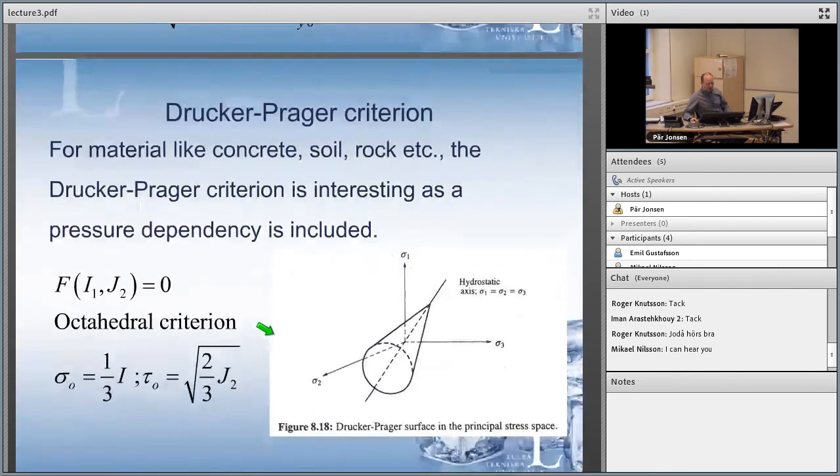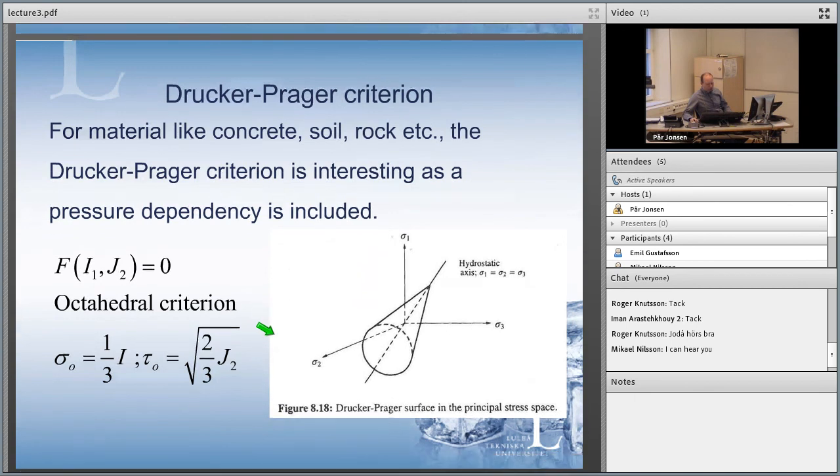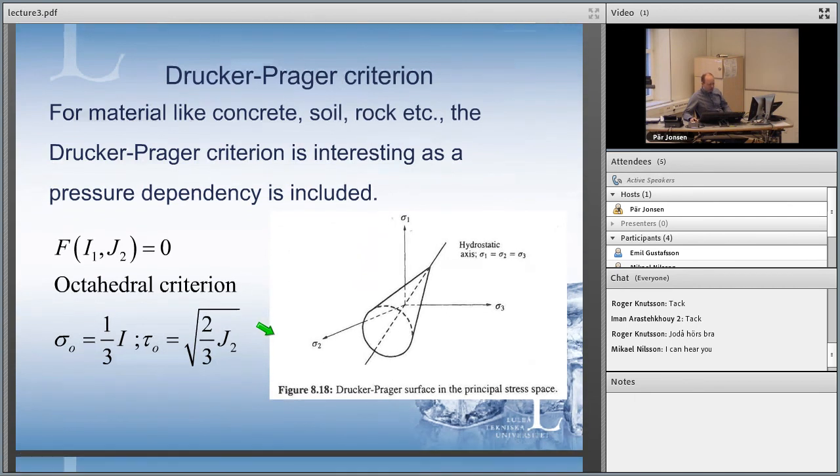If you then look into concrete, soil, and rock, we need to have some pressure dependency. And the first and maybe the simplest model that we have is the Drucker-Prager model, where instead of having a cylinder, we have a cone in principal stress space. The reason it looks like this is because you have the tensile part, and this material is very weak in tensile loading, and it's much stronger in compressive loading, so that's why it looks like this.